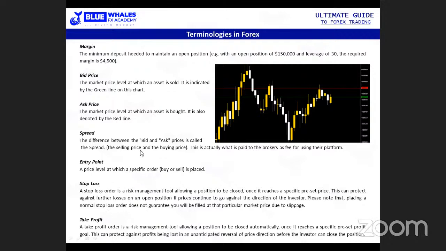A stop loss is a risk management tool that allows a position to be closed. This means that once I'm trading and I want to risk, let's say, $10 on a trade, as soon as I set a stop loss and the trade goes against me, the system automatically closes the trade on my behalf.